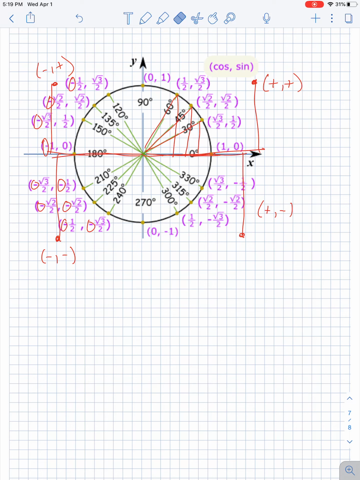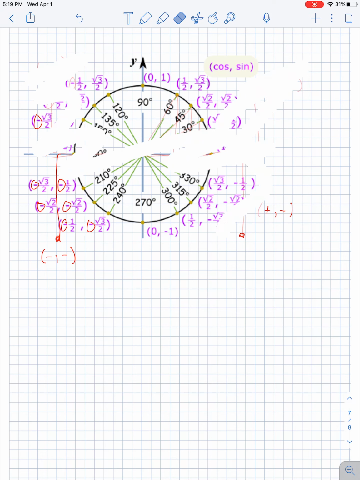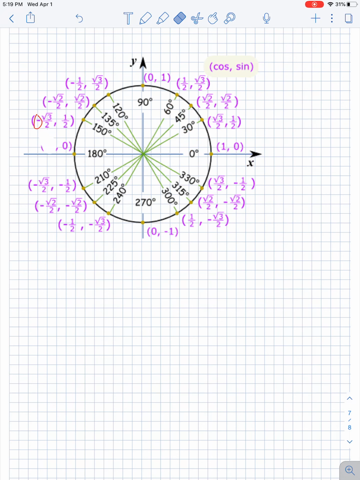Okay, here's why we care. Let me erase some of this so there's not too many markings on here. Let's look at one triangle, this one, the 30, 60, 90. We decided that this side was root 3 over 2 and this side was 1/2. So if this is my angle theta, the question is, what is the sine of theta?